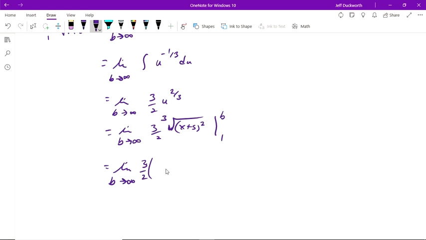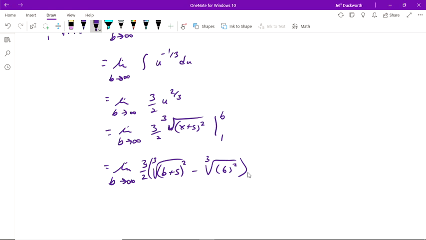And then we have b plus 5 squared, and the cube root of that, minus cube root of 6 squared.